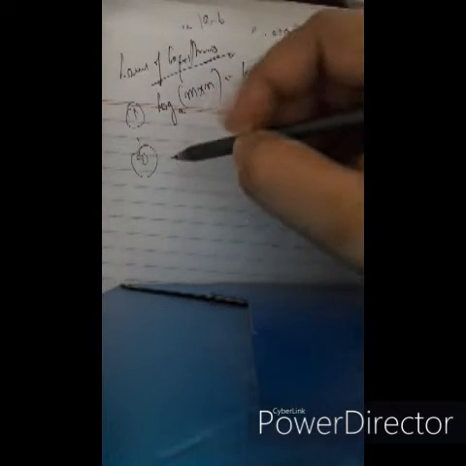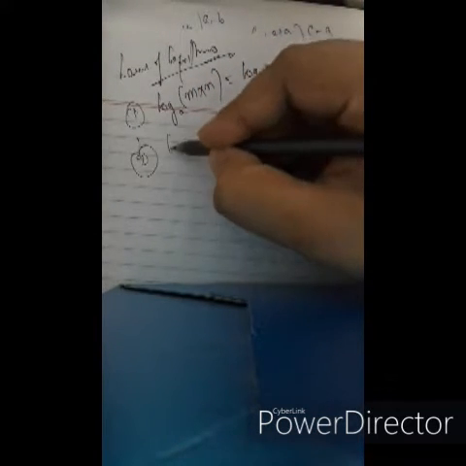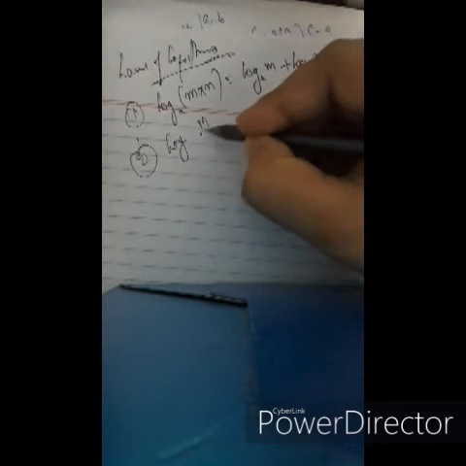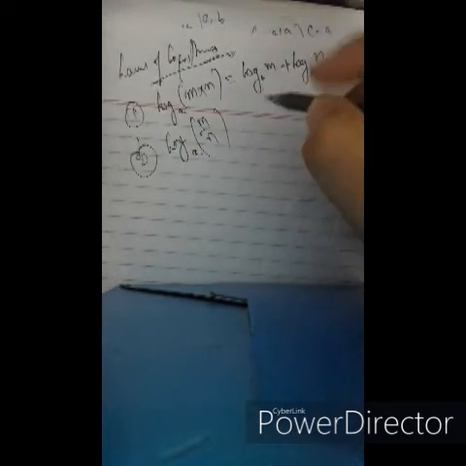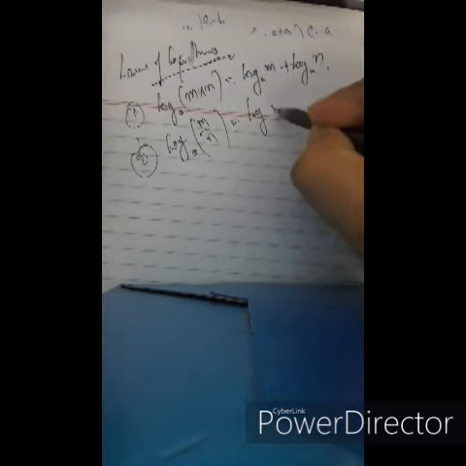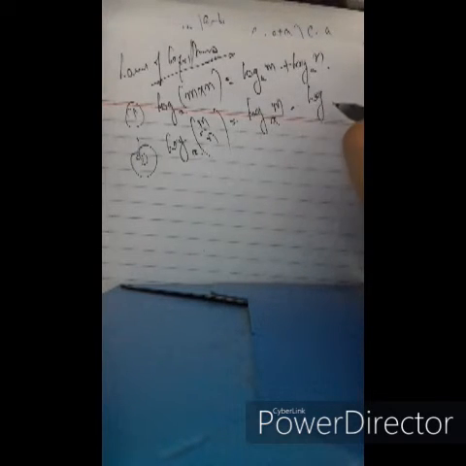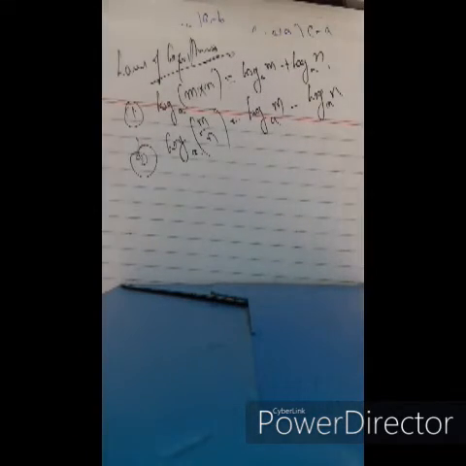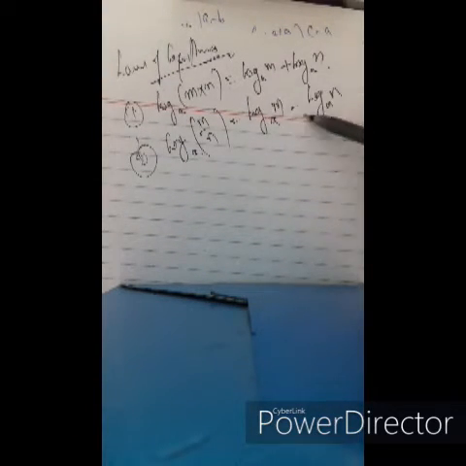Second law: log of m by n to the base a becomes equal to log m base a minus log n base a. The first one becomes plus, and this is minus.